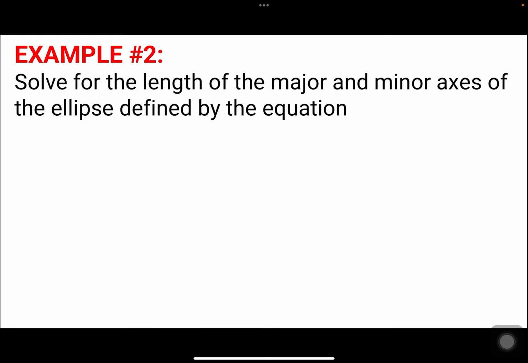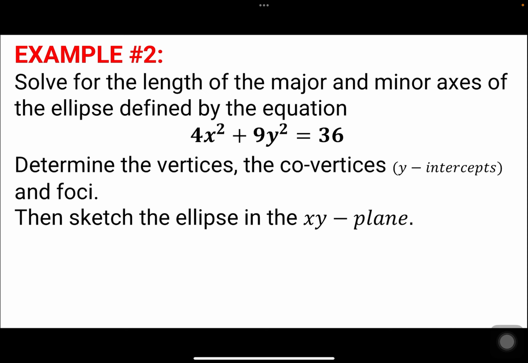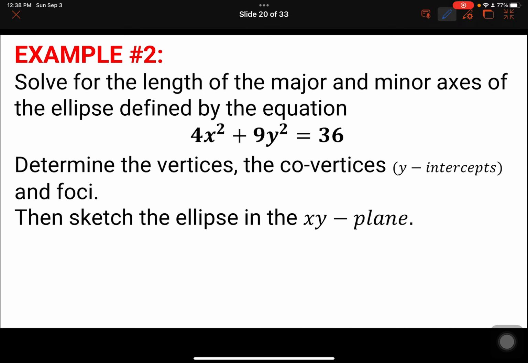Solve the length of the major and minor axis of the equation defined by 4x squared plus 9y squared equal to 36. Then determine the vertices, the co-vertices or the y-intercept, and the foci. And then sketch the ellipse in the x and y axis.